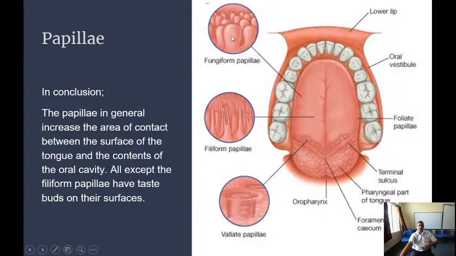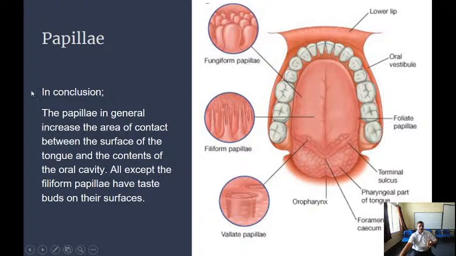So you have the fungiform papillae, the filiform papillae, and the vallate papillae, which are 8 to 12 in number, at the V-shaped junction between the anterior 2/3 and posterior 1/3. And on the lateral margin of the tongue, you have the foliate papillae.